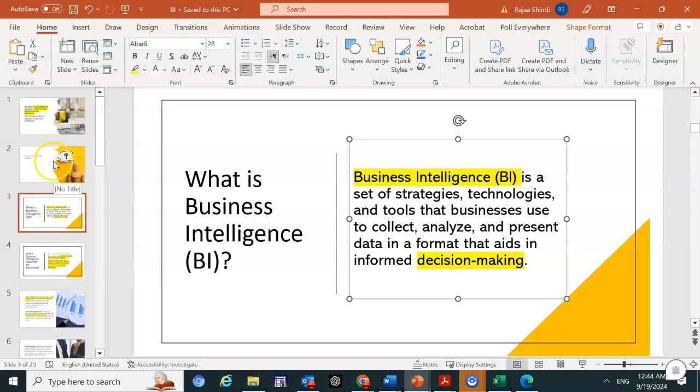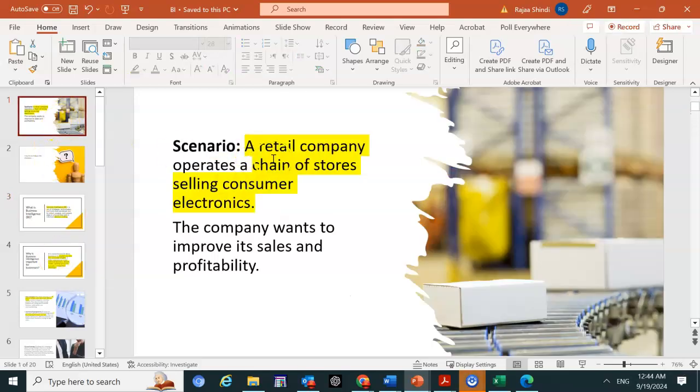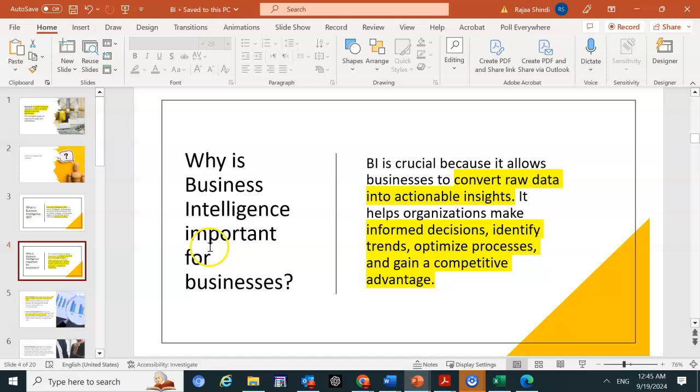Now let's go back to the scenario of a retail company that operates a chain of stores selling consumer electronics and just wants to use an information system tool to improve sales. The importance of BI here is critical.